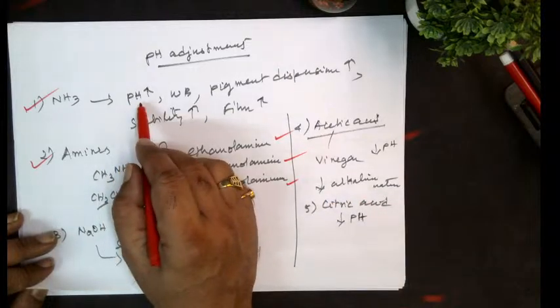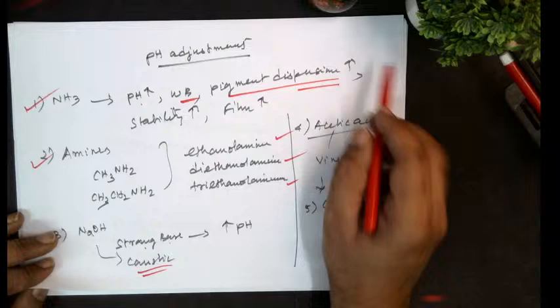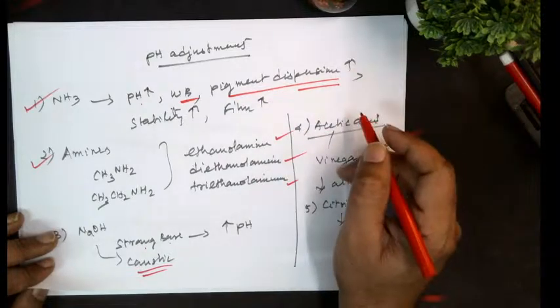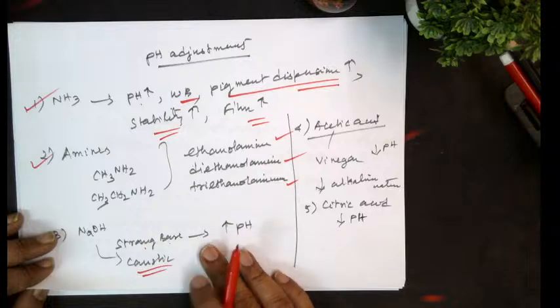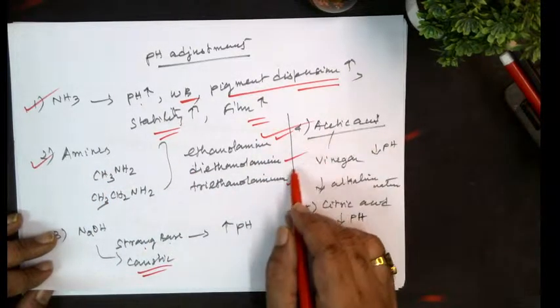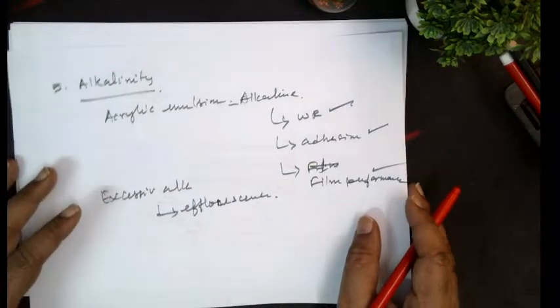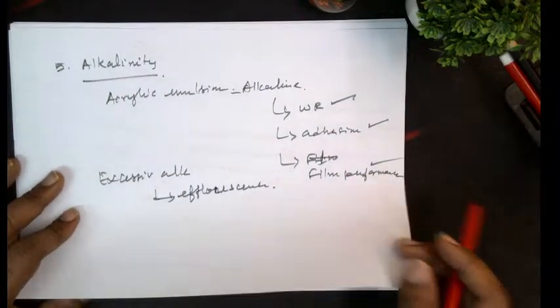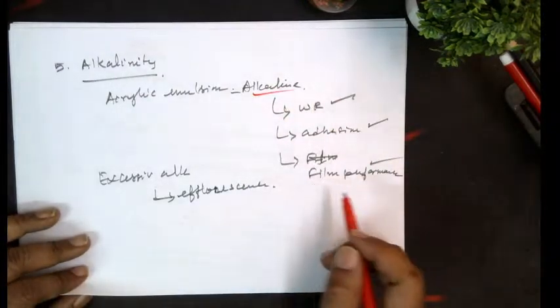It is weakly basic, and you will get better pigment dispersion also, and it improves the stability and film formation. Then we can add amines like ethanolamine, diethanolamine, triethanolamine. Suppose your acrylic emulsion is too alkaline.